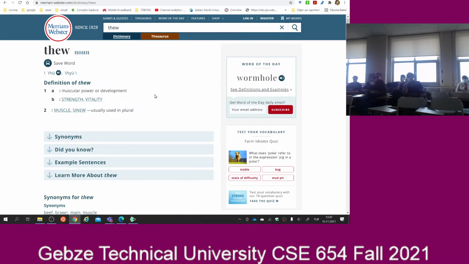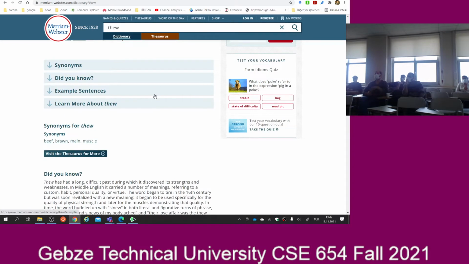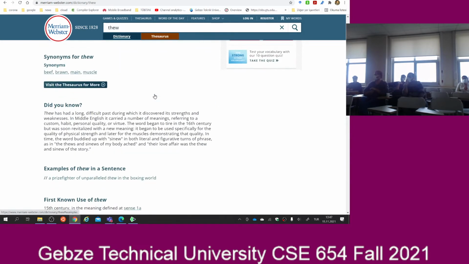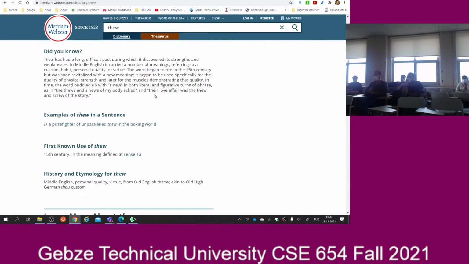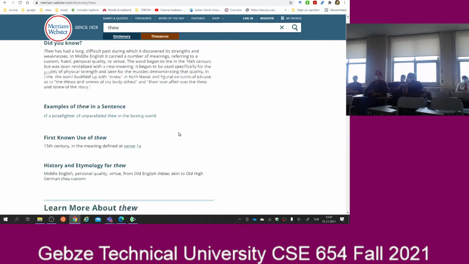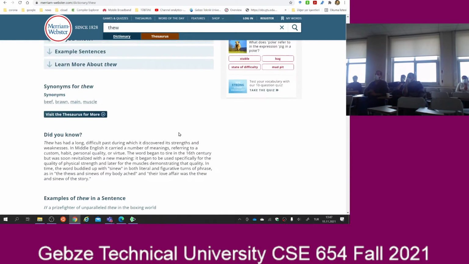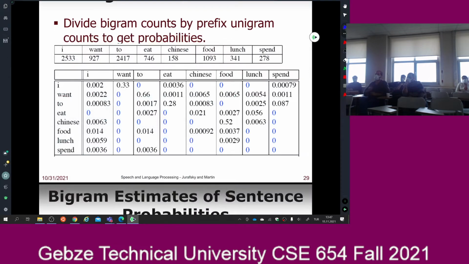Pillar, okay. So beef, brown, mean, muscle, kind of a muscle. So didn't see it much. 15th century. Nobody uses it much. That is such a word, okay. So it doesn't happen, of course, in my restaurant data set.